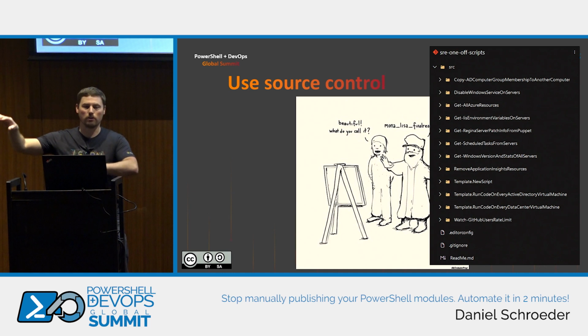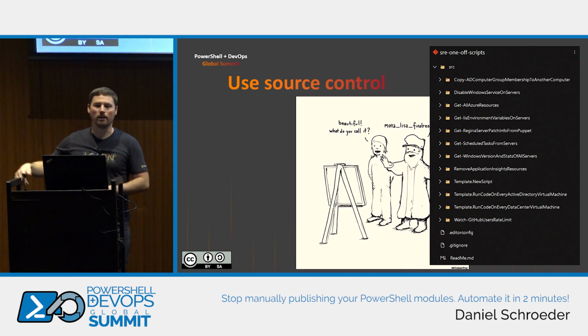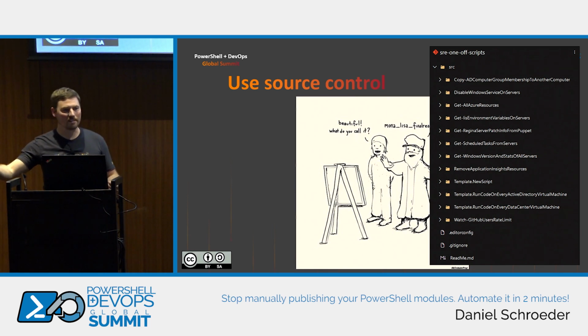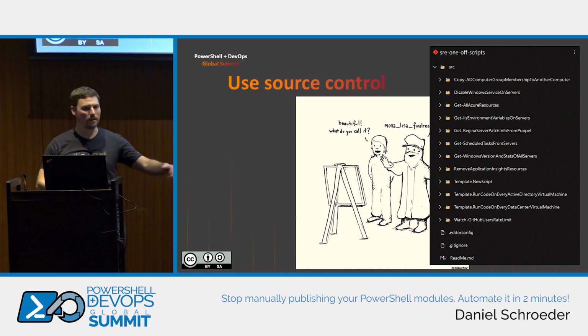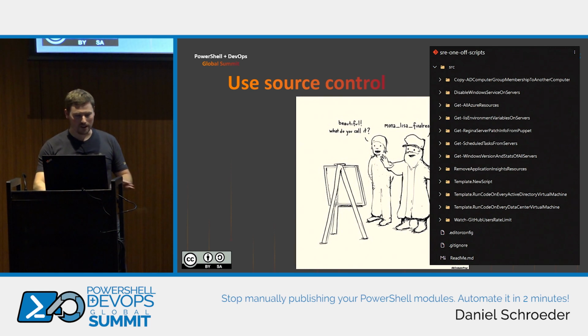Just have a dumping ground repository, or a playground repository, and whenever you create a new script, just check it in there. Because you never know, you might think, I'm just going to use this thing this one time. But then 6 months later, you're like, I need to do a similar task. I wish I still had that script I wrote a long time ago. Or you're talking to a coworker, and you're like, I did something similar. You can go look at this script I wrote as an example. So yeah, source control should be table stakes for everything you write.